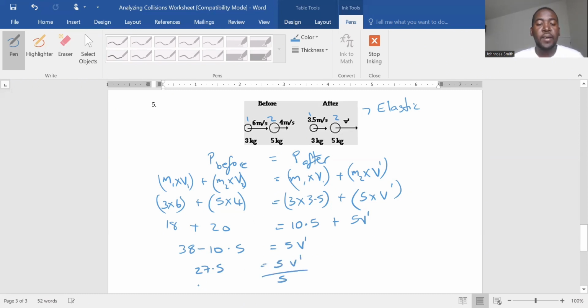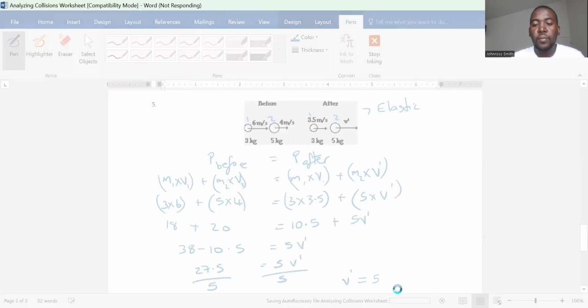We divide by 5. Therefore, v' is 5.5. Right, so v' becomes 5.5 meters per second.